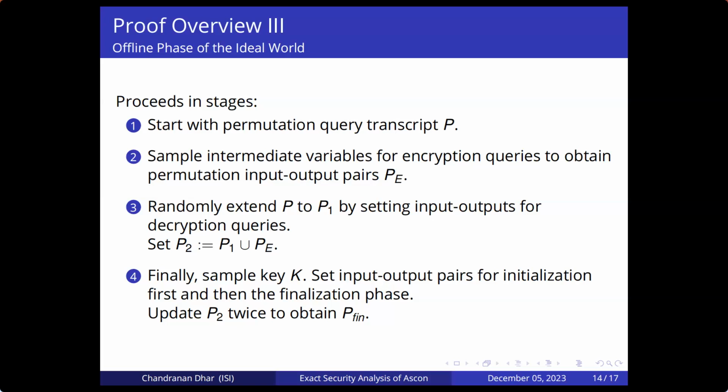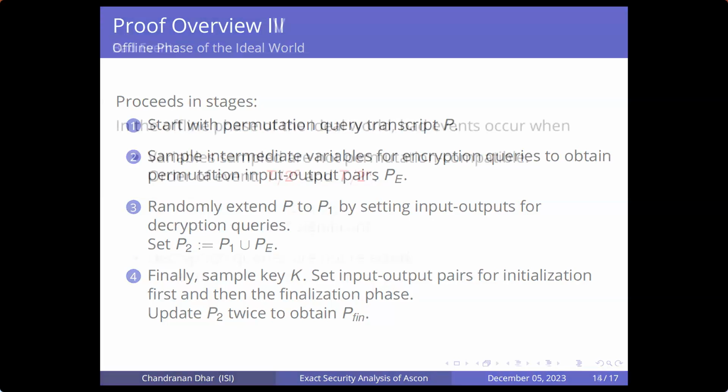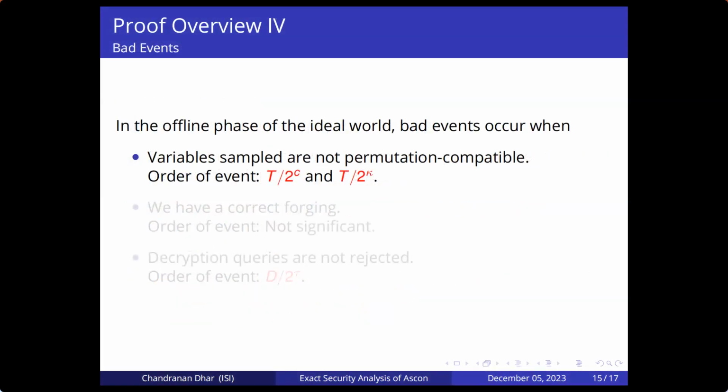In the offline phase of the ideal world, we encounter some bad events. Bad events occur in three main ways. First, a bad event occurs when the variables sampled are not permutation compatible. This is because the random extension function that we use is a function and not exactly a permutation.